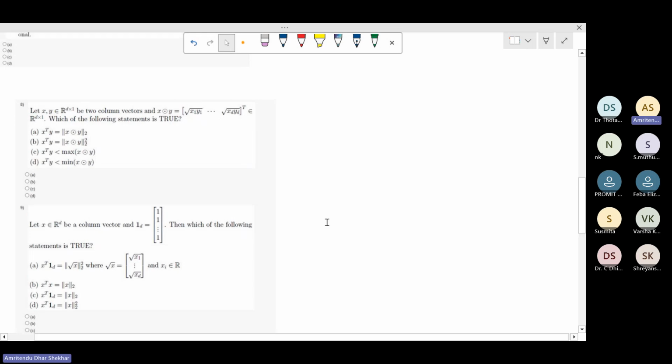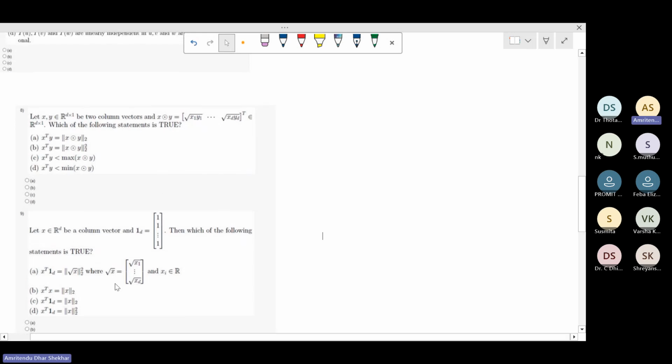Okay, let's look at this problem. I think we briefly did these two problems last week, but we're going to do this again this time. So X and Y are two vectors, and there's a product defined on RD. I think someone had a question last week about these being column vectors.